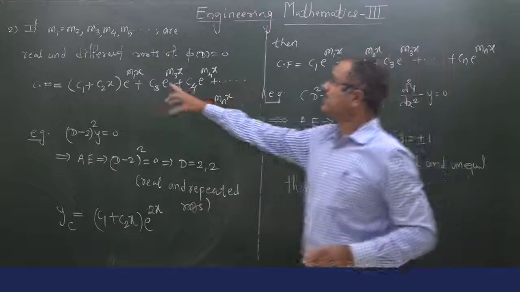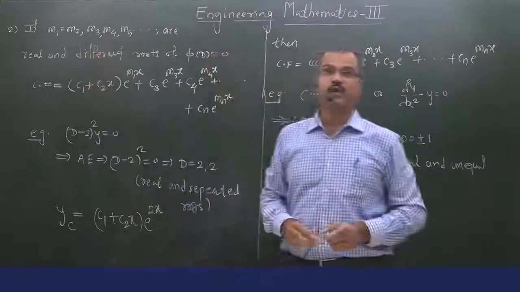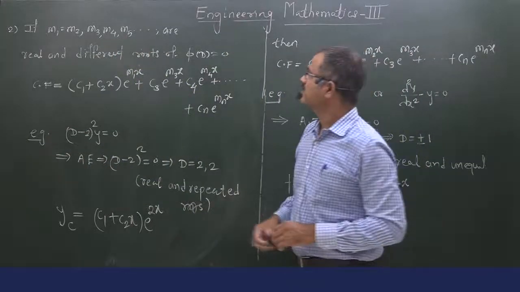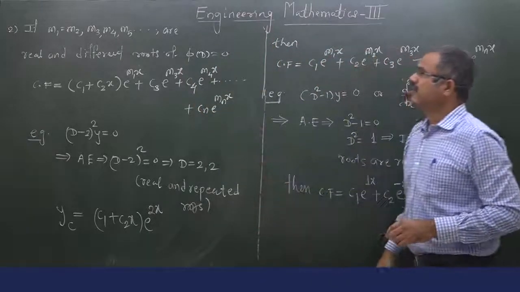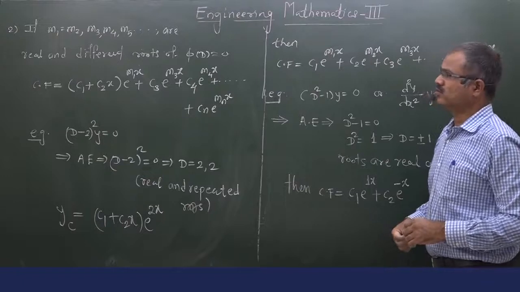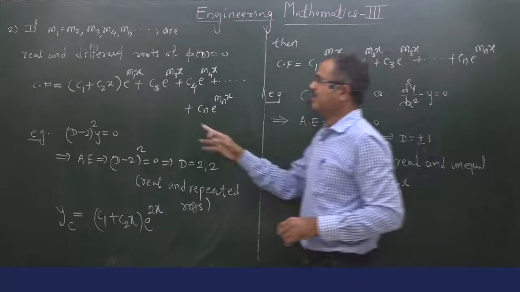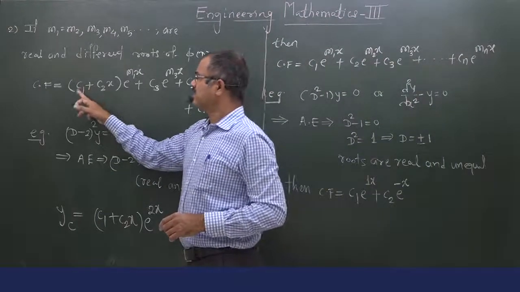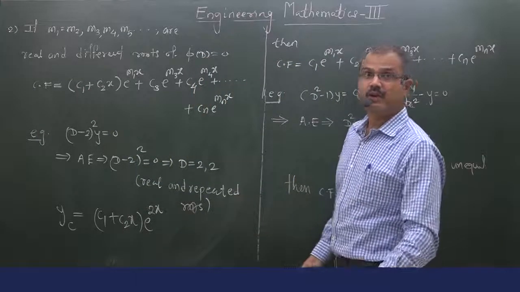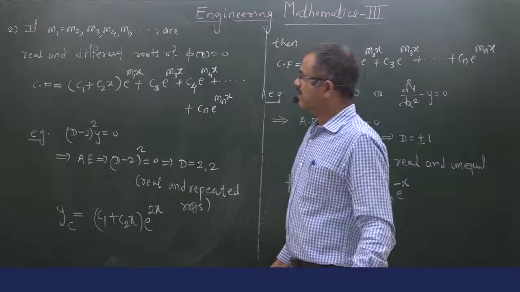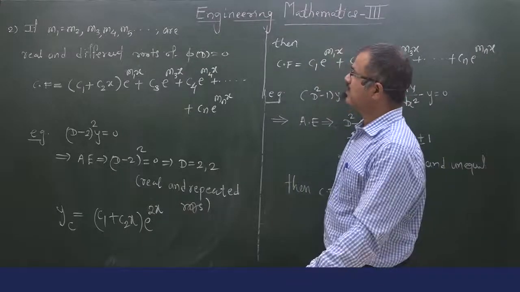If suppose three roots are equal, m1 equal to m2 equal to m3, and m4, m5, m6 and so on up to mn are real and different roots of phi of D equal to 0, then we can write (c1 plus c2x plus c3x square) e to the power m1x.